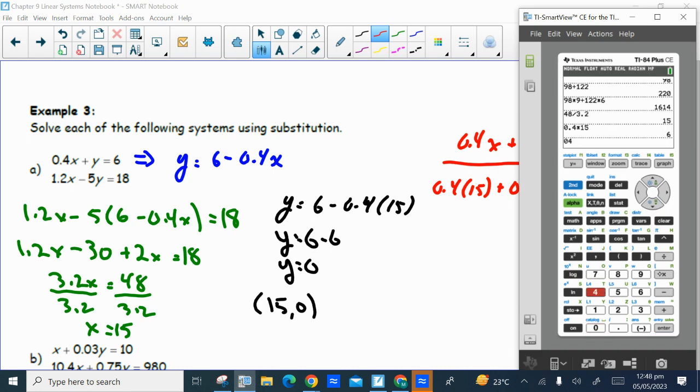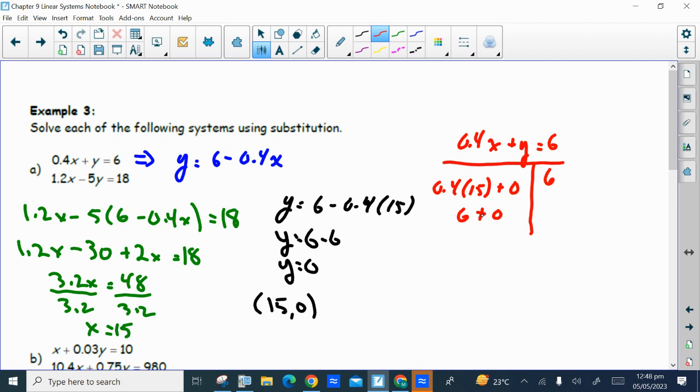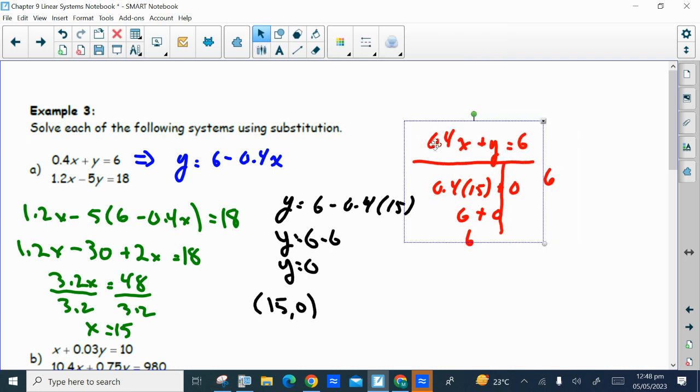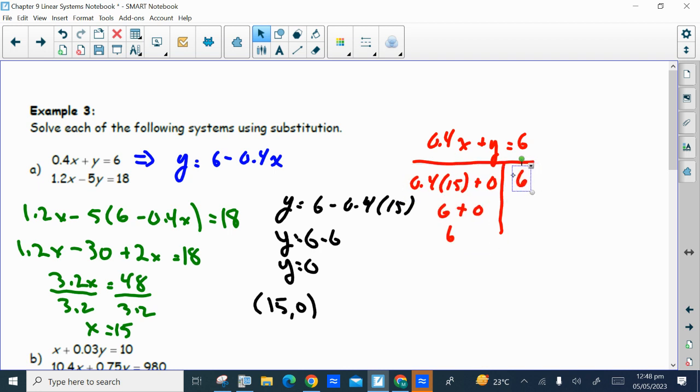So 0.4 times 15, we did do it above, is 6. So this is going to be 6 plus 0, which is 6. So it checks for the first equation. Now we need to check for the second equation. 1.2x minus 5y should equal 18.